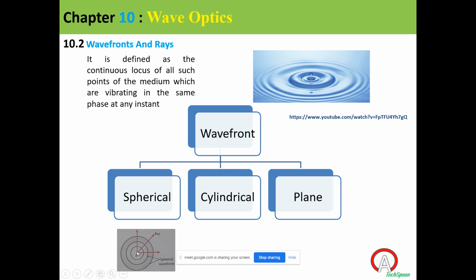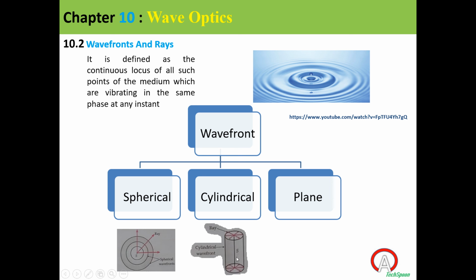We can classify the wavefront into spherical, cylindrical and plane. If the source is a point source, then the radiation will be three-dimensional, so the nature of the wavefront is spherical.